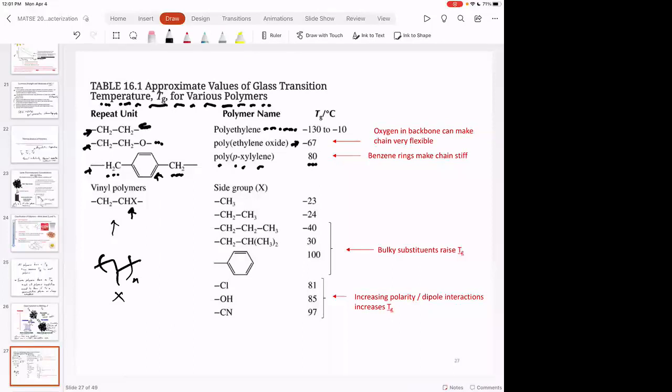All right, and for vinyl polymers, there's a really nice progression where bulky things have high Tg, polar things, like this nitrile here, have high Tg. And so you can think about the chain flexibility and steric interactions and the intermolecular interactions, and that gives you a relative scale for Tg.